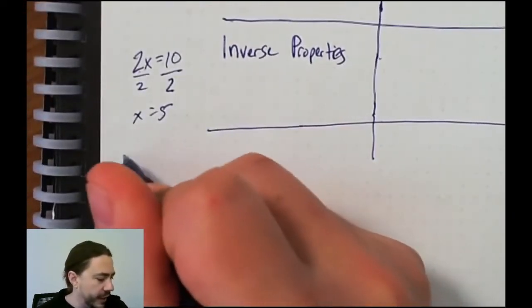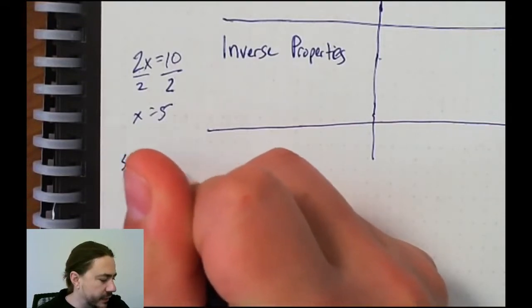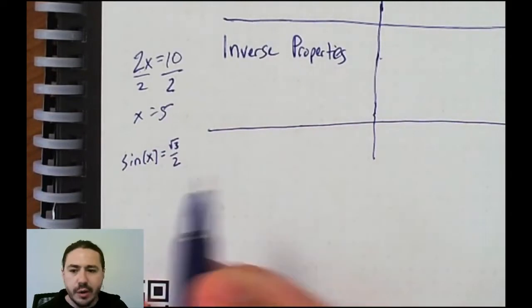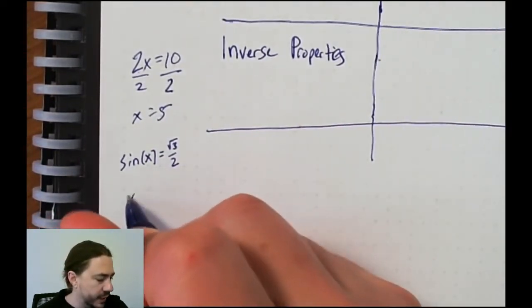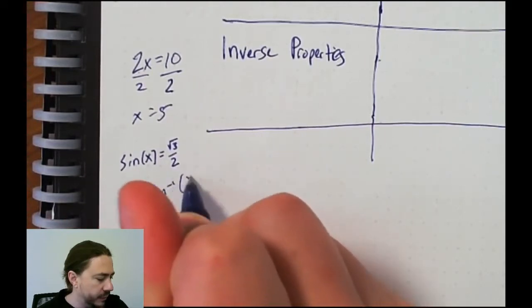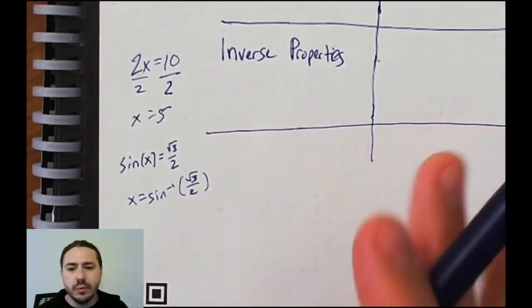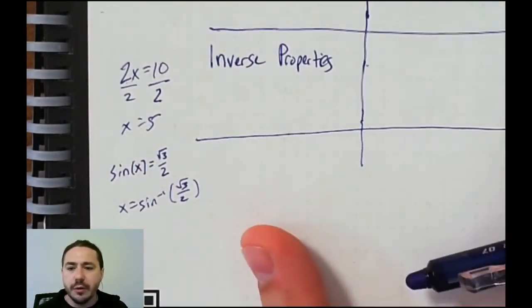Similarly, if I've got sine of x equals, let's say, root 3 over 2, and I want to figure out what x is, I would need to do the inverse to both sides and say x equals the inverse sine of root 3 over 2. So this method of solving is what we do all the time, right? So we want to know how this works for exponentials and logarithms.